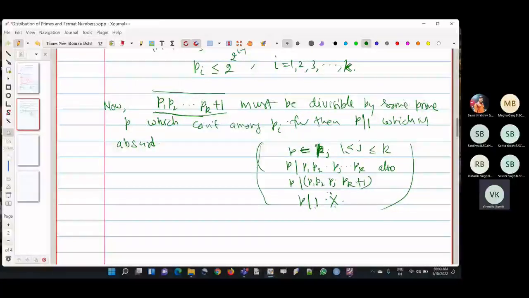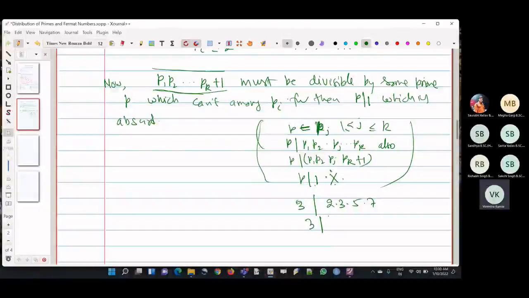For example, if you take the product 2, 3, 5, 7, and you are taking the prime 3, and 3 divides this number. Fine. And you are also saying that 3 divides 2, 3, 5 into 7 and you are adding 1 here.